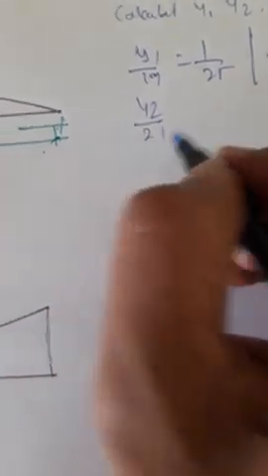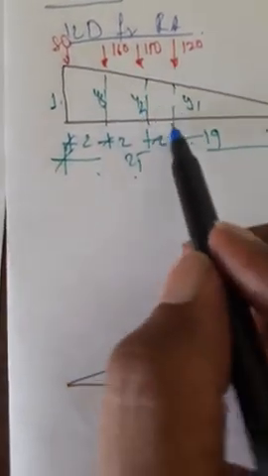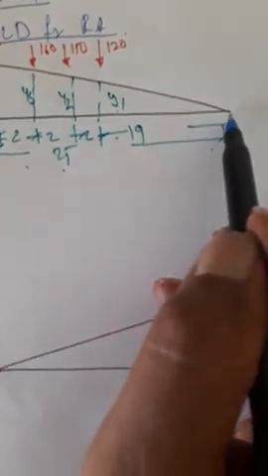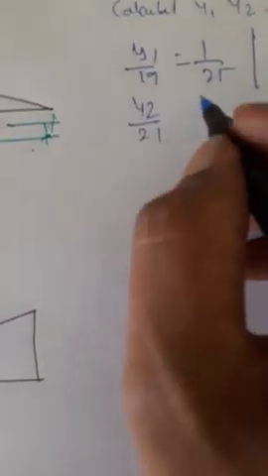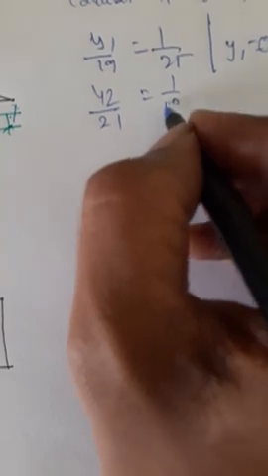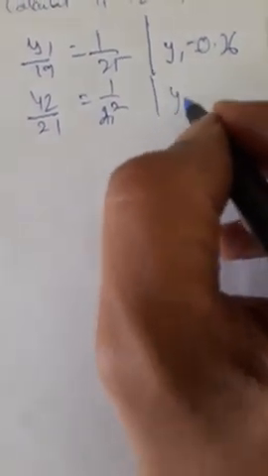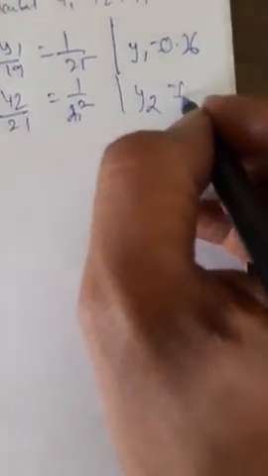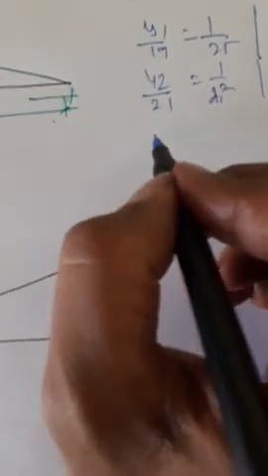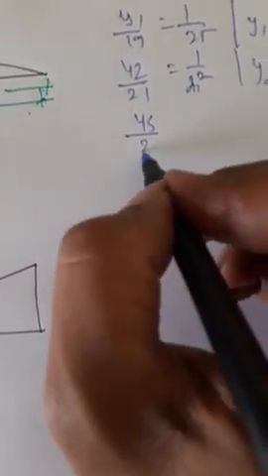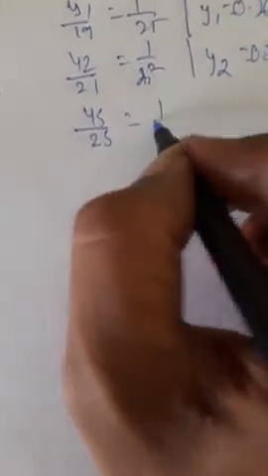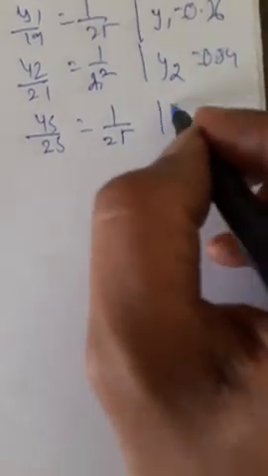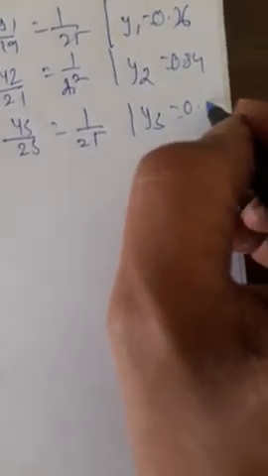y2 divided by 21, this span from here to here is 21. y2 divided by 21 is equal to 1 divided by 25. So I have the value y2 is equal to 0.84. Similarly y3 divided by 23 is equal to 1 divided by 25, or y3 is equal to 0.92.